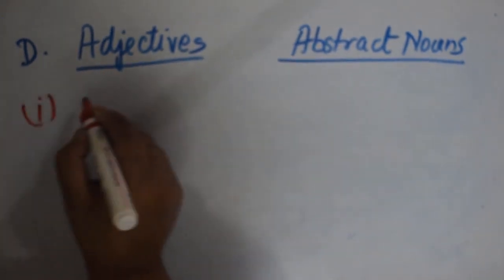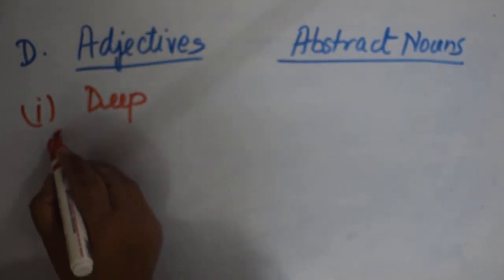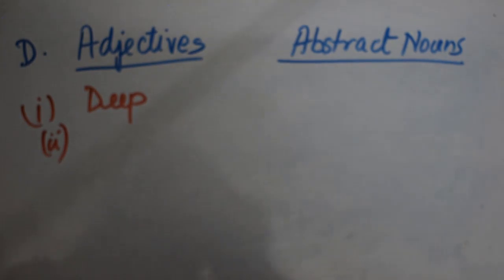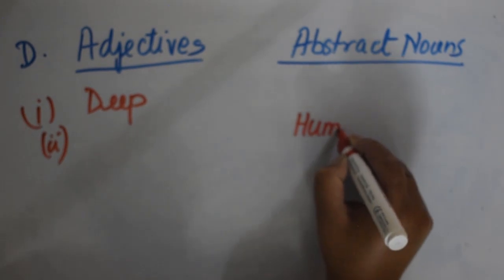The first word was deep. The second one, I did not give you the adjective. I had written the abstract noun form.